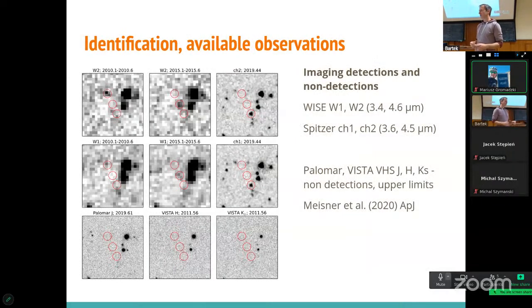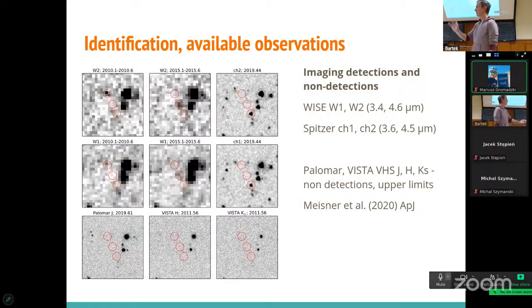Here are some further follow-up observations that were attempted by that time. Besides WISE W2 and W1, which are here in the corner, we also have Spitzer. In the Spitzer data, it's detected quite well. Here you can see it right here in the circle.